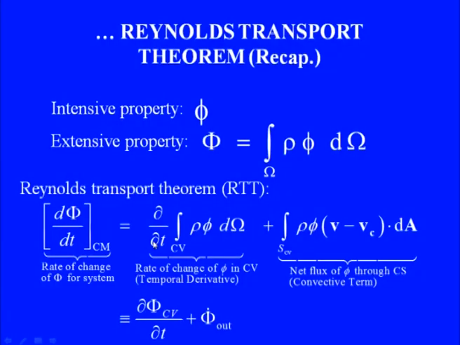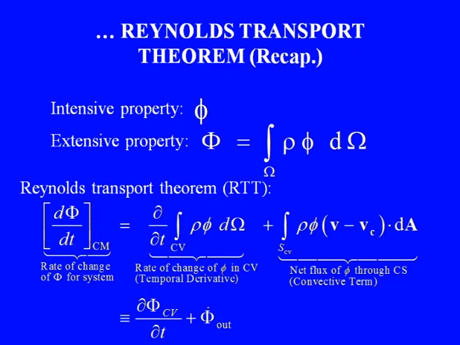The first one is the time derivative of the content of capital phi in the control volume, that is the rate of change of phi in the control volume. This term we also represent as a temporal derivative, and we can denote it as del capital phi subscript CV by del t, plus we have to add what we call the net flux of phi through the control surface, which is represented by an integral over the control surface of rho phi (v minus vc) dot dA, where vc is the velocity of a chosen reference frame.